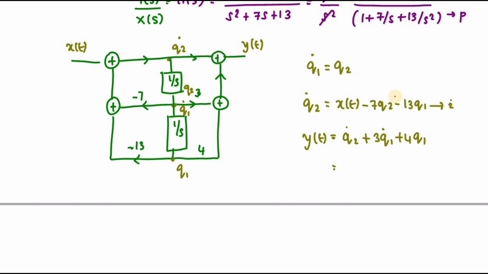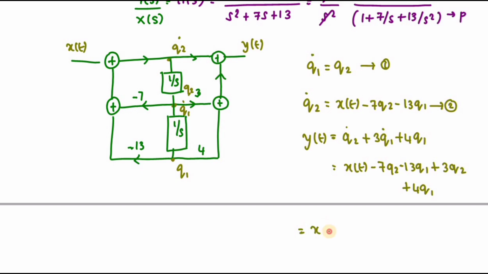This is my second equation, this is my first equation, and if you substitute the second equation in this equation, you will get x(t) minus 7 q2 minus 13 q1, plus 3 q1 dot plus 4 q1. You know that q1 dot is nothing but q2, so I'm going to change this as q2.